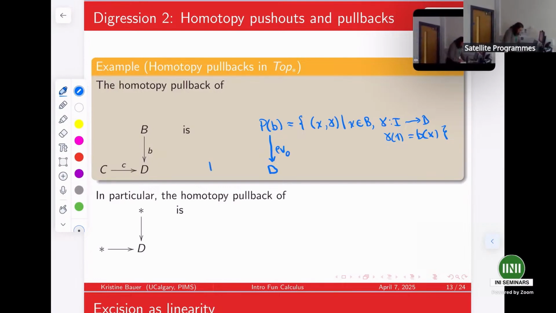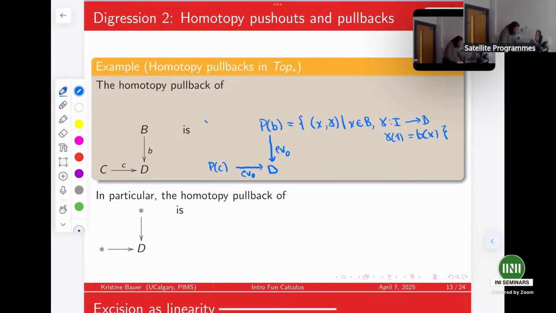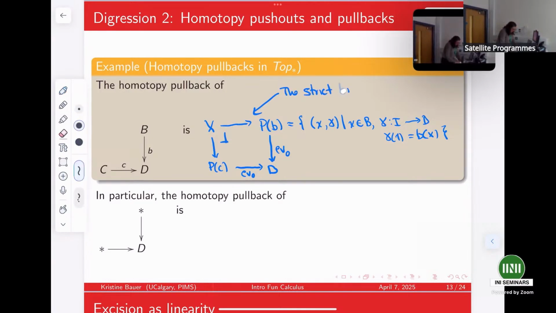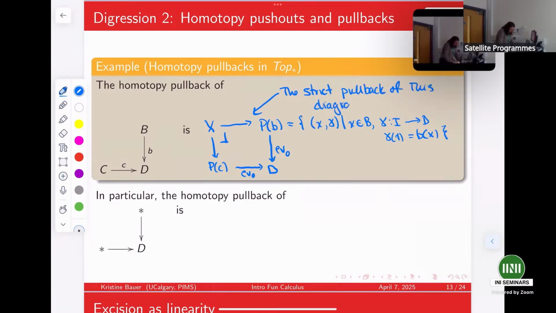And then I can do the same thing at the other side if I want to. And then take the strict pullback. Let's just call that X. Okay, so the strict pullback of this diagram is the homotopy pullback.